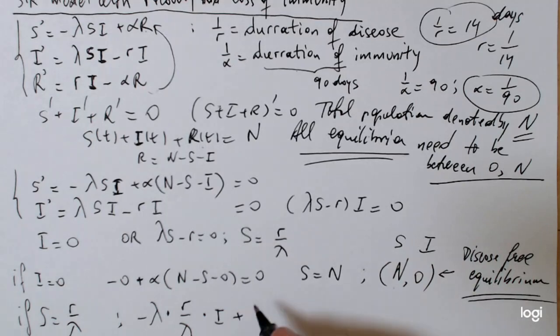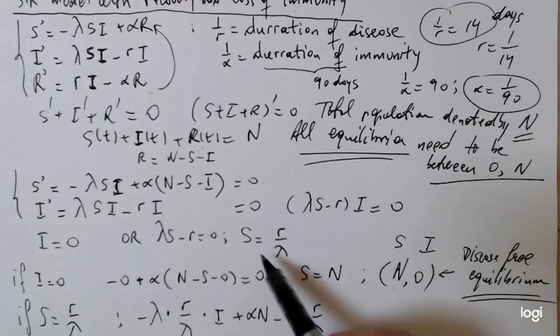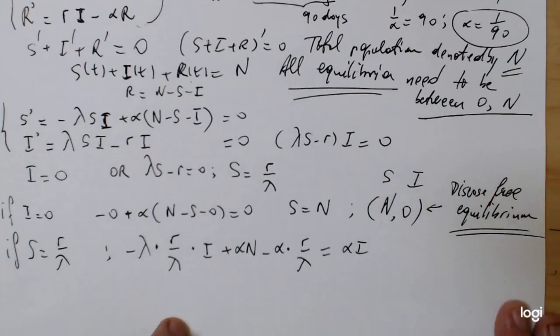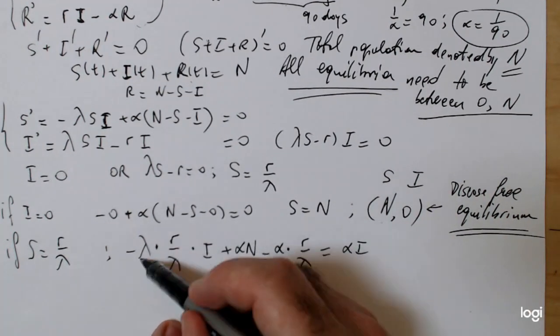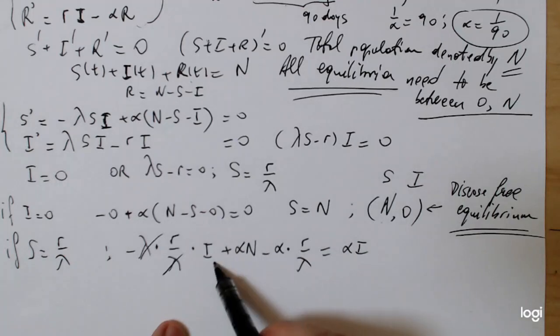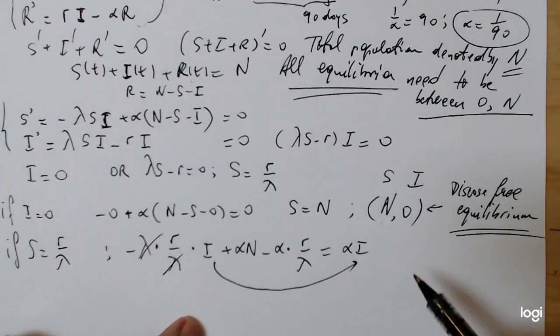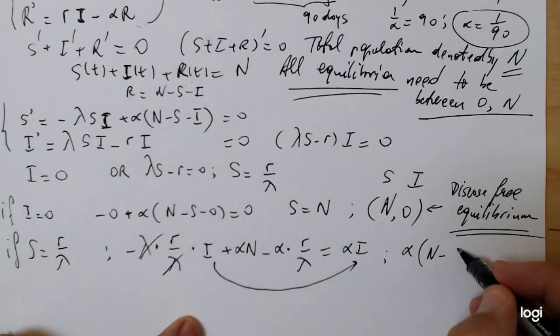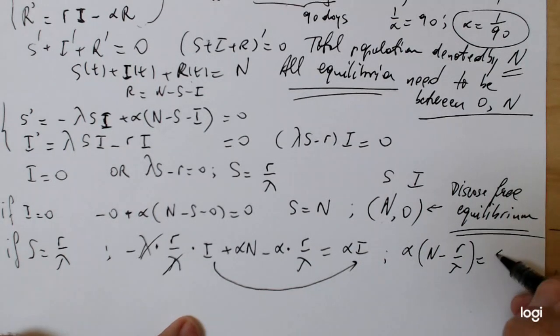So let's factor that: alpha N minus alpha times S, which is again R over lambda, and then minus alpha I, which I'm going to bring to the right-hand side. So lambda cancels, and I'm going to bring minus R I to the right-hand side as well. So we have alpha times the quantity N minus R over lambda equals alpha I plus R I.